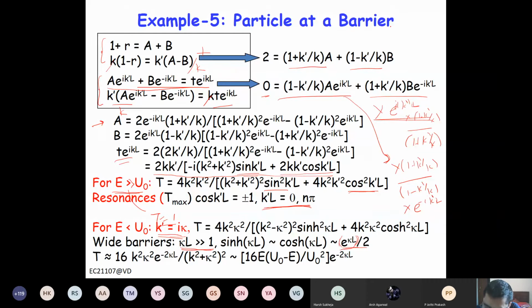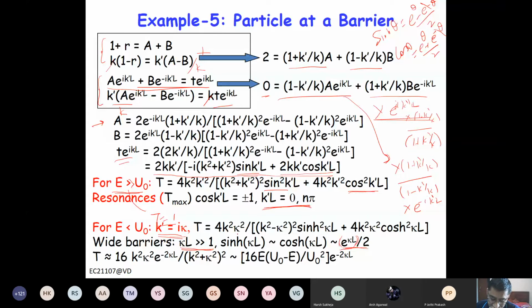You can recall here, sine hyperbolic theta is e to the power theta minus e to the power minus theta, divided by 2. And similarly, cosine hyperbolic theta is e to the power theta plus e to the power minus theta, divided by 2. So if KL is theta here and is very large, then you can neglect this term, right? So both become e to the power KL by 2.